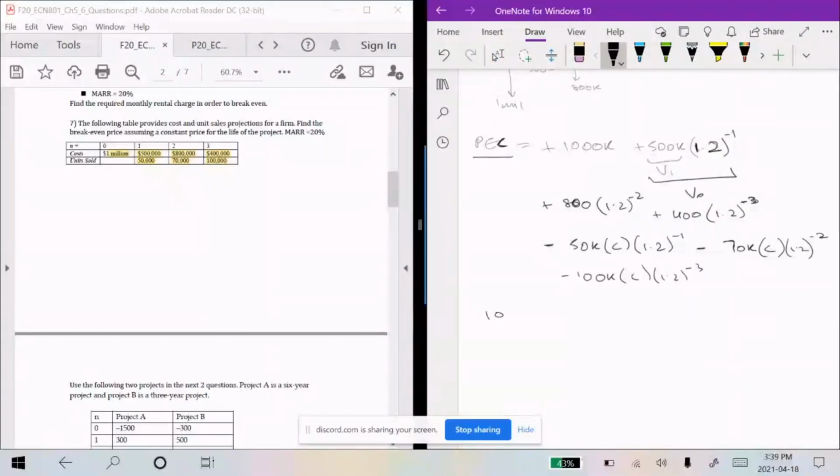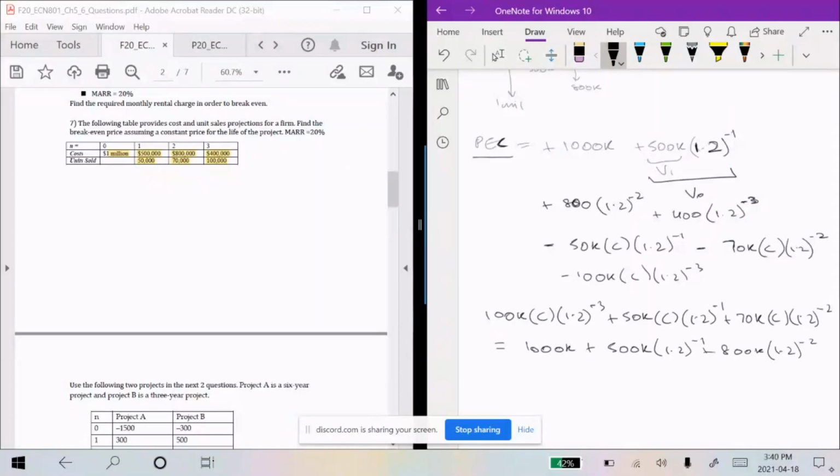So what you can do is 100K into C into 1.2 raised to the power minus 3 plus 50K into C into 1.2 raised to the power minus 1 plus 70K into C into 1.2 raised to the power minus 2 equals 1000K plus 500K into 1.2 raised to the power minus 1 plus 800K into 1.2 raised to the power minus 2 plus 400K into 1.2 raised to the power minus 3. I just rearranged this equation to help us solve it.